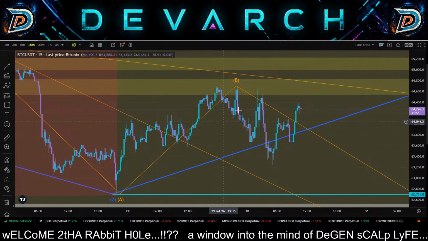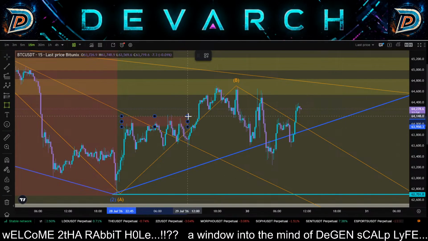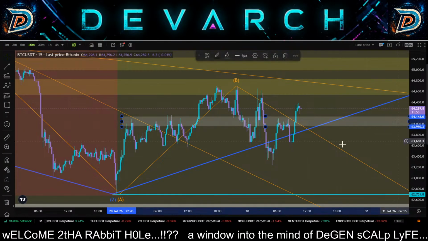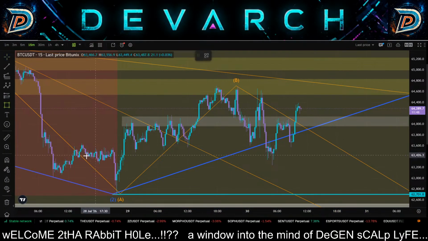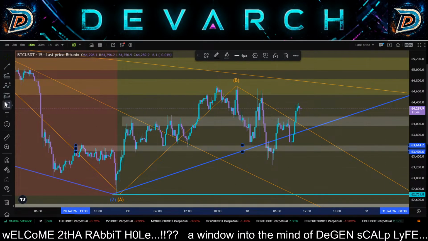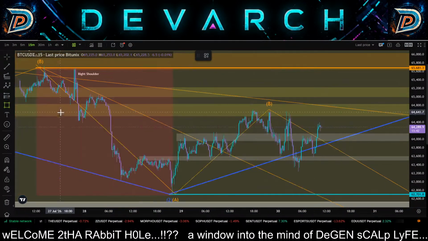Okay. And we got some important zones to be aware of on the 15 minutes. We got a nice break of structure on the 15 minute.